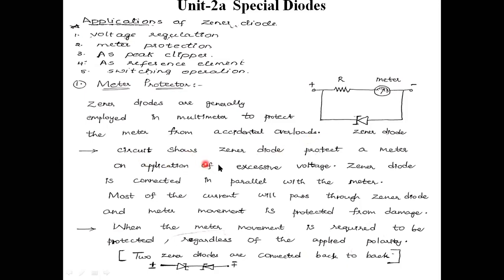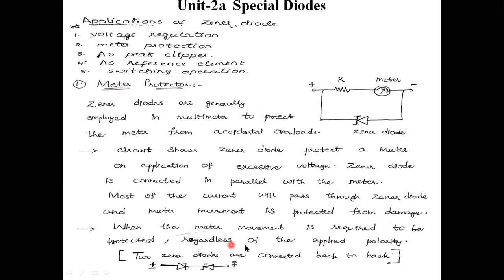The circuit shows a Zener diode protecting a meter on application of excessive voltage. The Zener diode is connected in parallel with the meter. Most of the current will pass through the Zener diode, and the meter movement is protected from damage. Most of the current is going to pass across this Zener diode only, so this meter is going to be protected from damage.